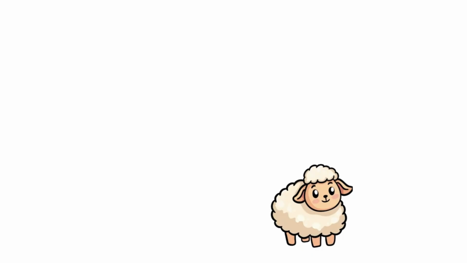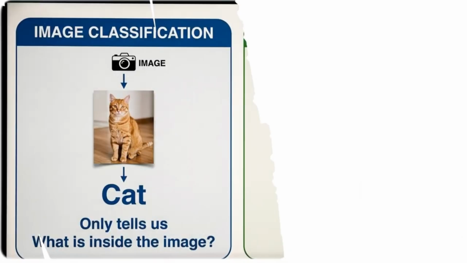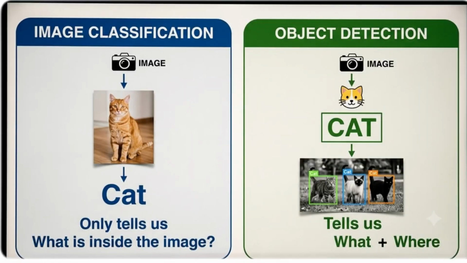It enables a computer not only to recognize what is present in an image, but also to determine exactly where it is located. Image classification only predicts the class, for example, a dog. But object detection predicts the dog and also creates a bounding box. So now we know the object name, position, and size.